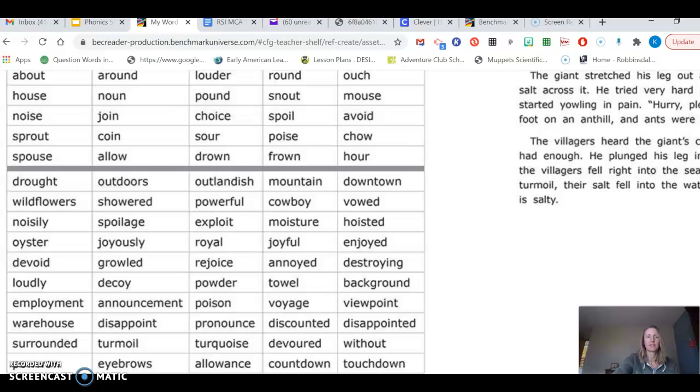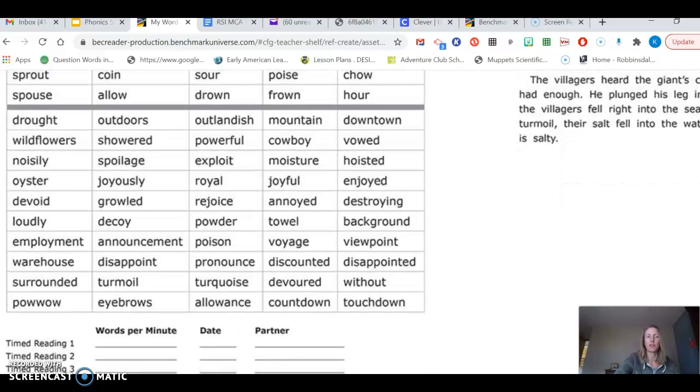Then we'll do the same with the words below the gray line. Here we have drought, wildflowers, noisily, oyster, devoid, loudly, employment, warehouse, surrounded, powwow.